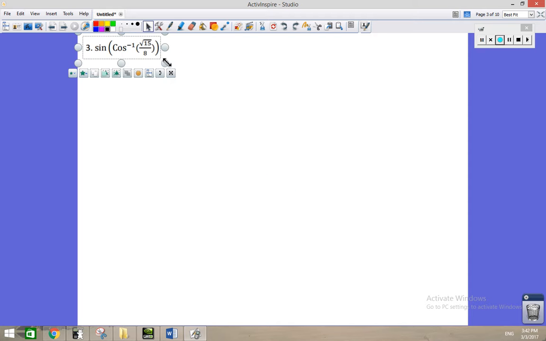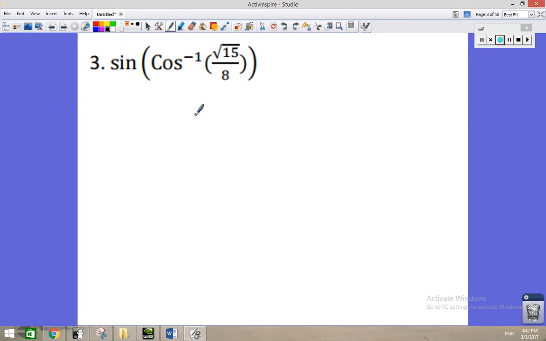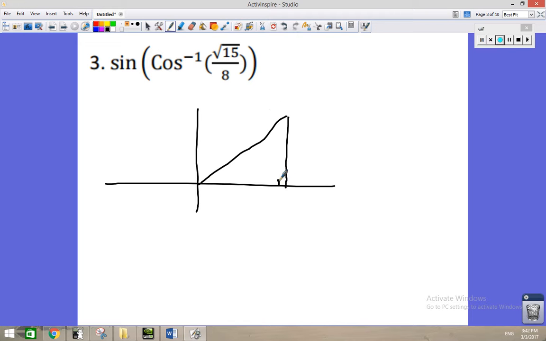Again, inverse cosine, think quadrants 1 and 2. With the ratio being positive, it's in quadrant 1. The length of the adjacent side, let's let it be radical 15, the hypotenuse 8, and by the Pythagorean theorem, we've got the square root of 8 squared minus radical 15 squared.